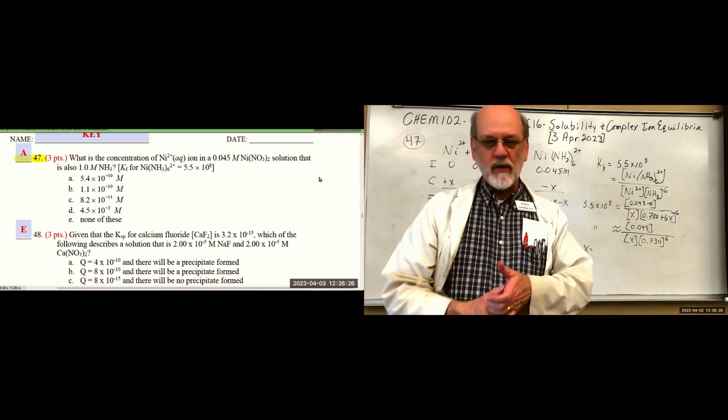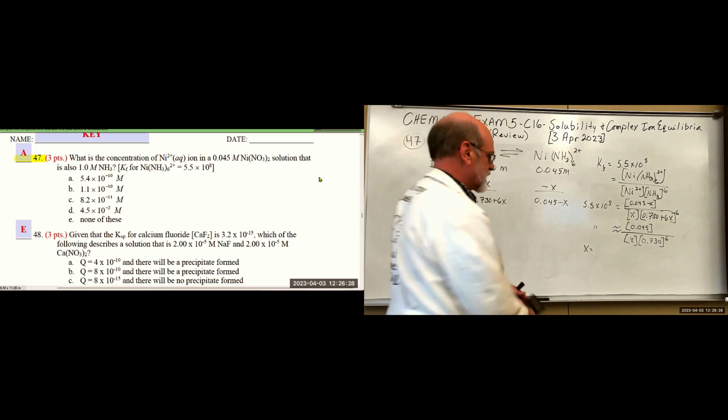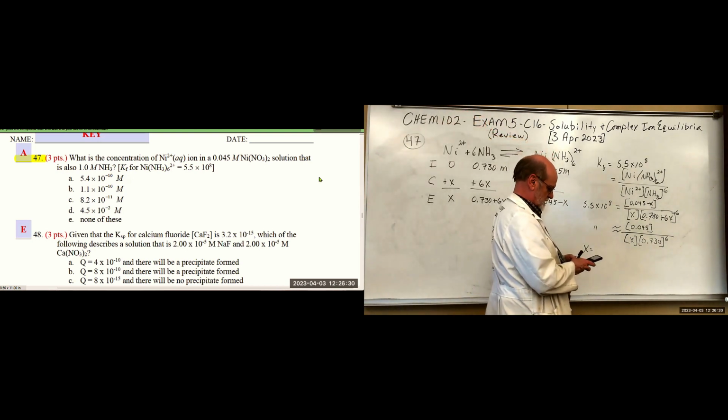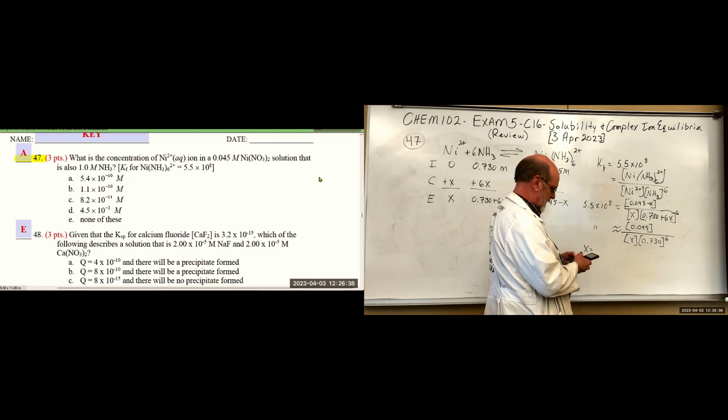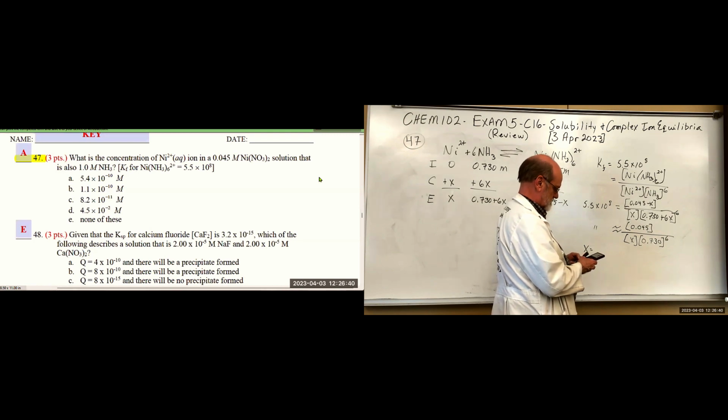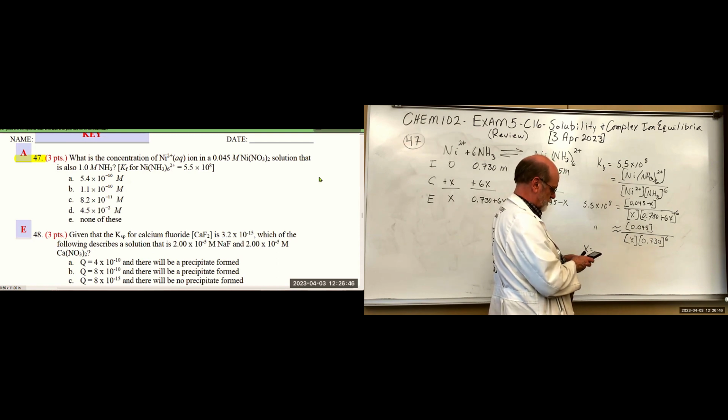We got to use the power. Let's try that again. 0.045, enter. 0.73 to the 6th power. Divide that into it, and then divide 5.5 times 10 to the 8th.